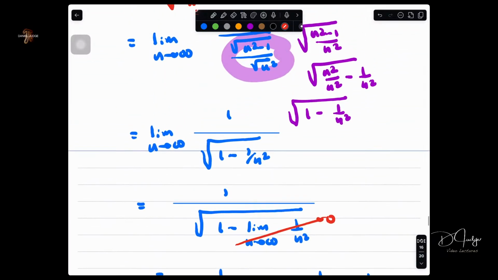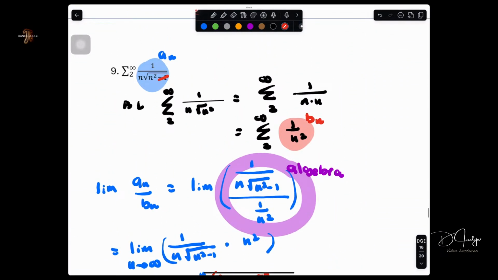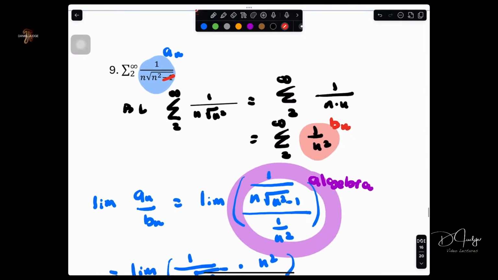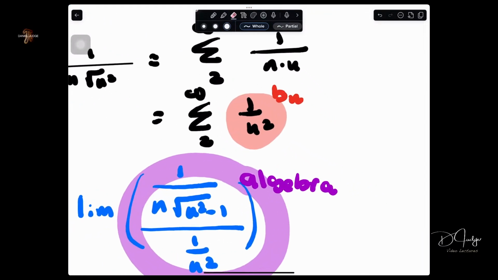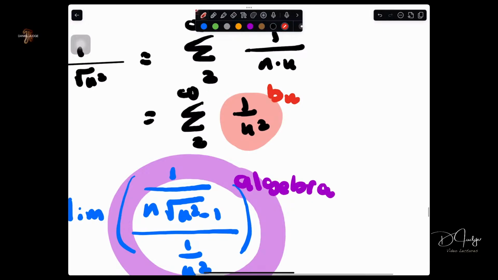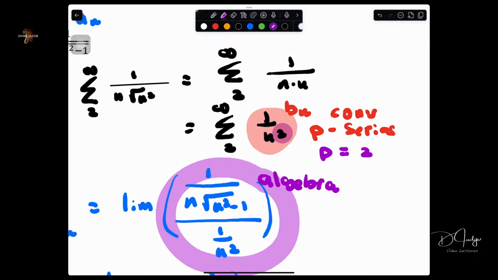So what that means is by the limit comparison test, both of these series either converge or they diverge. Now, this series is a convergent p-series. What is p here? p is 2. It's a convergent p-series.